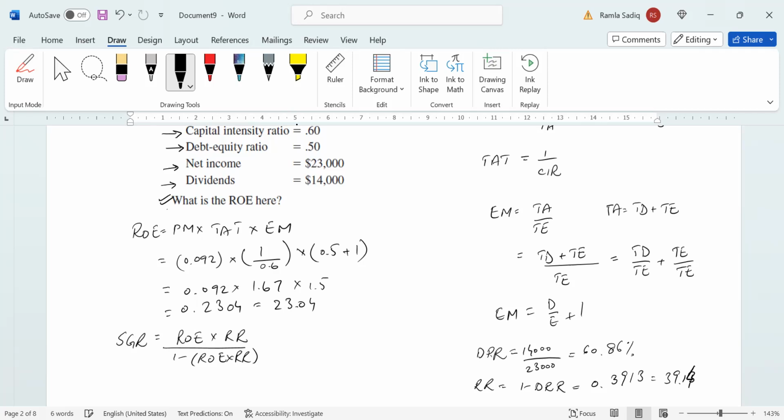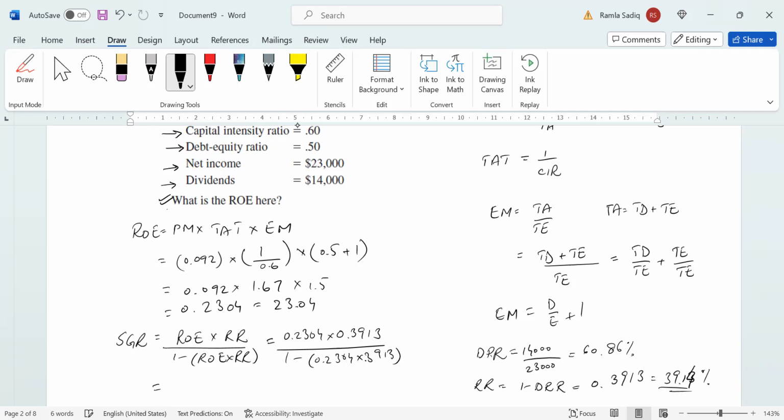Okay, 39.14. So we now have the ROE and we have our retention ratio. That means we can now plug it in. So 0.2304 multiplied by 0.3913, all of that to be divided by 1 minus 0.2304 multiplied by 0.3913.